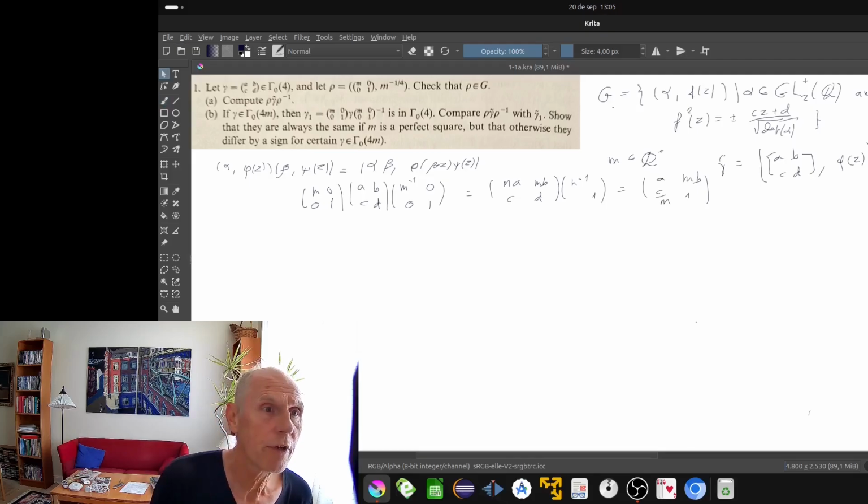and it's given that 4m divides c, and that the determinant is unity. The determinant is still unity, and 4 still divides z, so it lies in gamma naught 4, right?